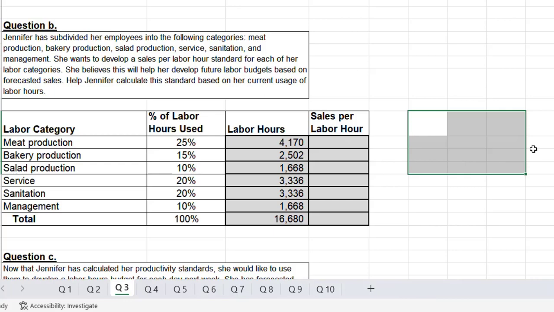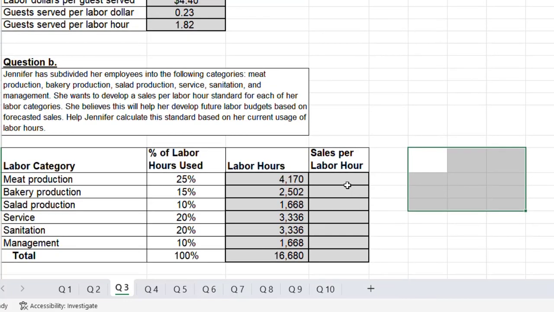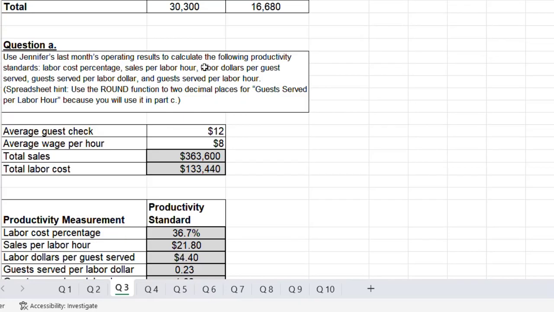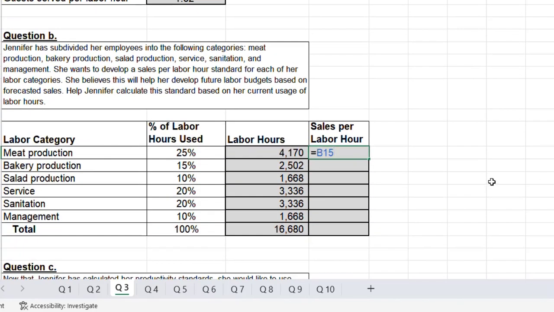All right, now let's look at our sales per labor hour. We have our sales here, which we will absolute, divided by our labor hours. And that'll be different for each area.